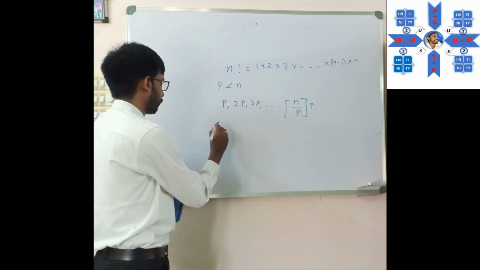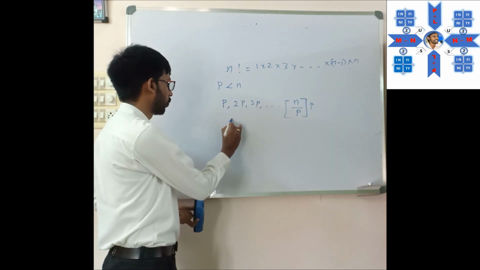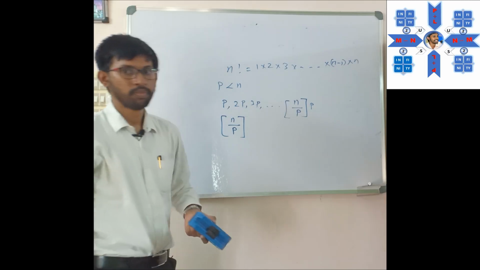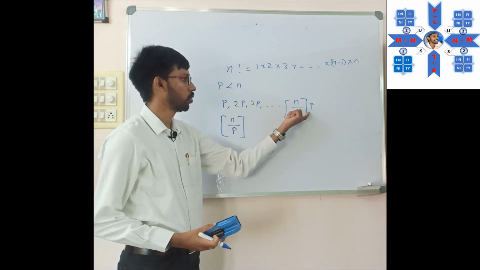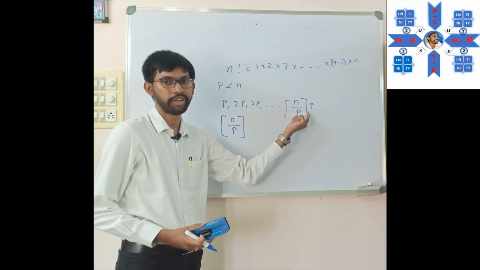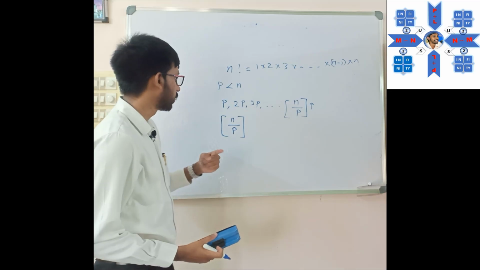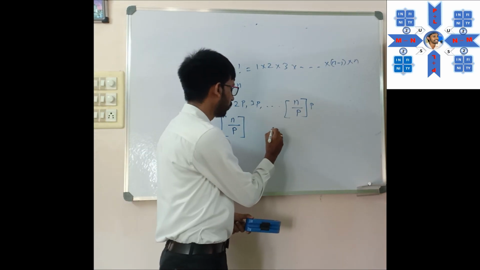So the highest power of p, obviously it is of the form n by p, because this is greater, so obviously this should be the largest factor in terms of p. Similarly, we express in terms of p square. Let me go back to the same example.